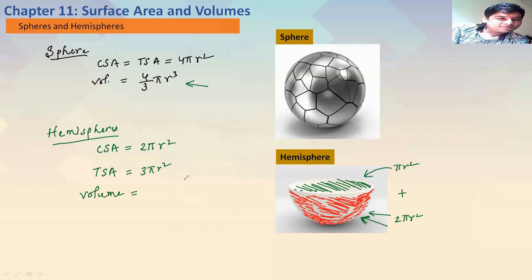Work out on paper if you are confused a little. No, sir, I remember. It was something like 2 by 3 pi r cube. Yes, that's it. There you go.